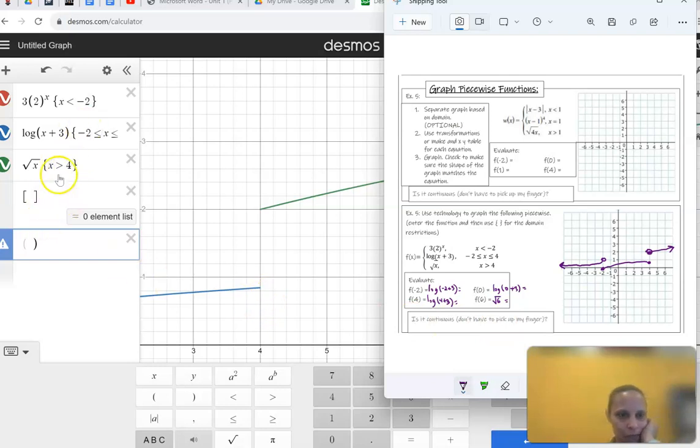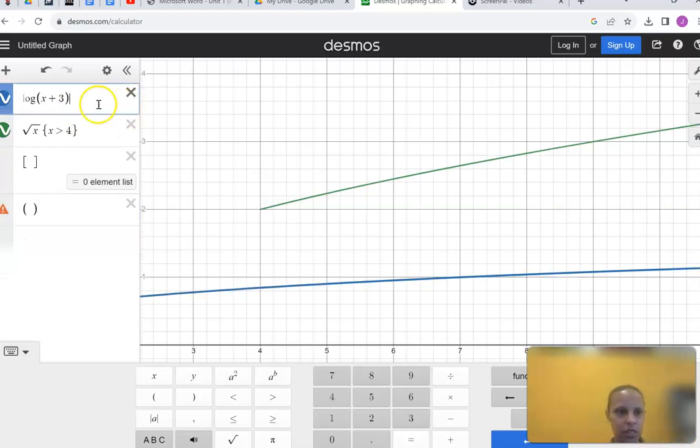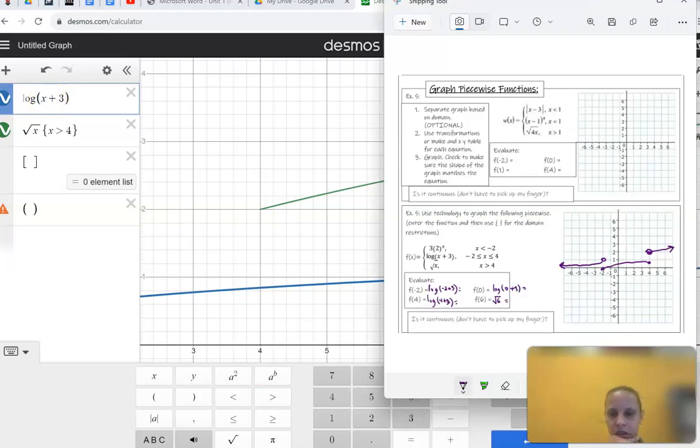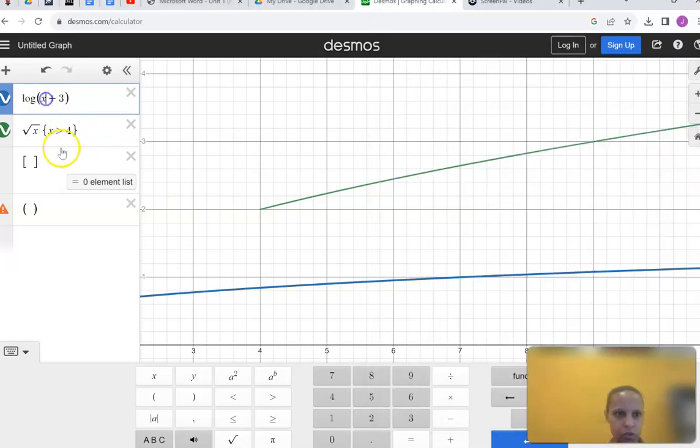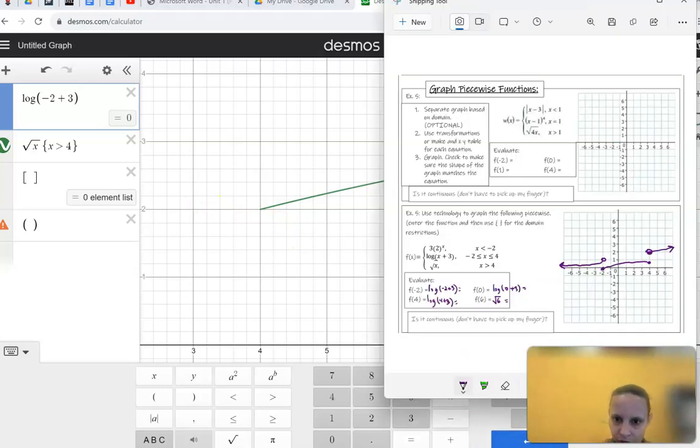Since I kind of have them up here, I'm just going to delete that. I'm going to delete this. And since I had a lot of the log ones, I'll go ahead and put them there. So I had log of -2, log of 4. So log of -2 plus 3 is 0.